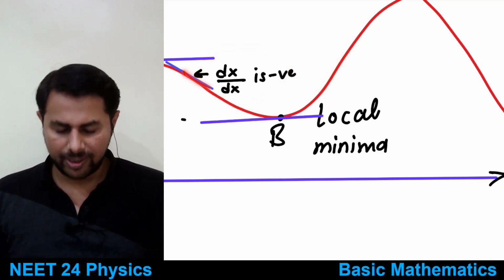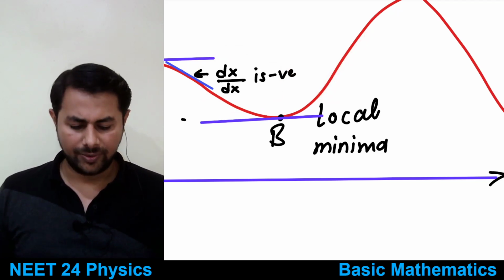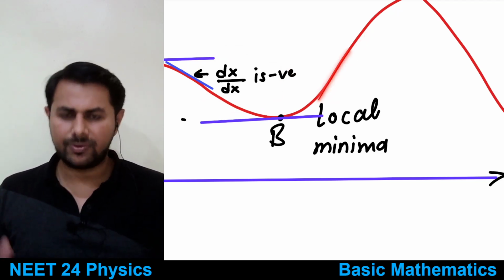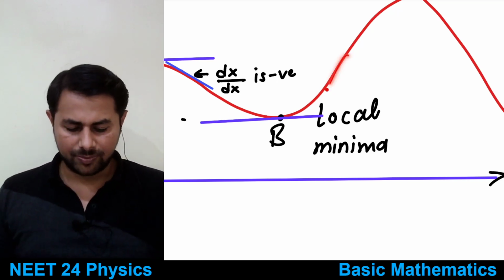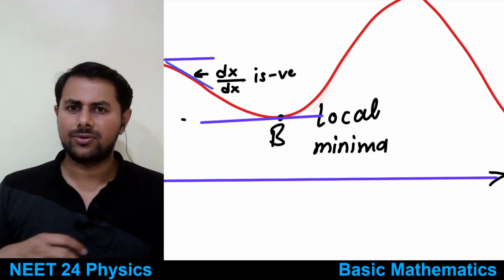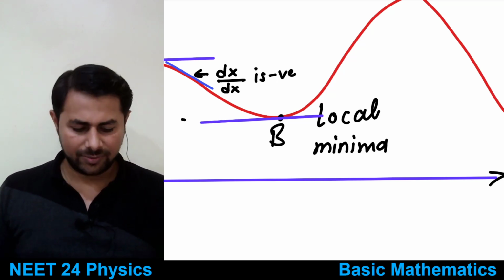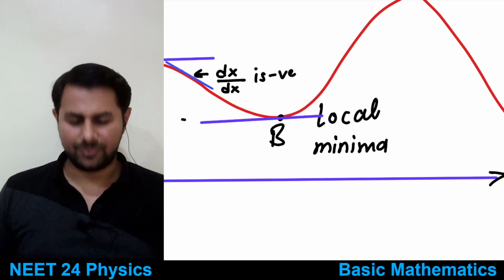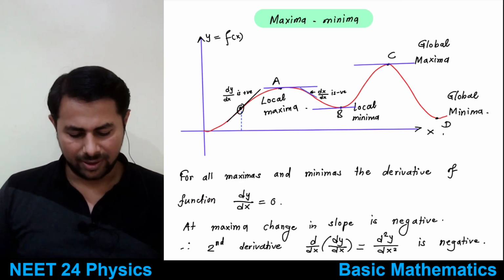That means before minima the derivative is negative, afterwards it becomes positive. So it is a positive value minus a negative value, so this difference is going to be positive. That's why the double derivative is positive. That's the difference between maxima and minima.